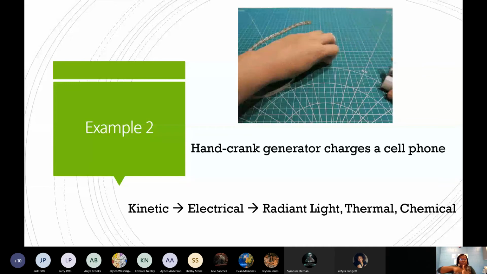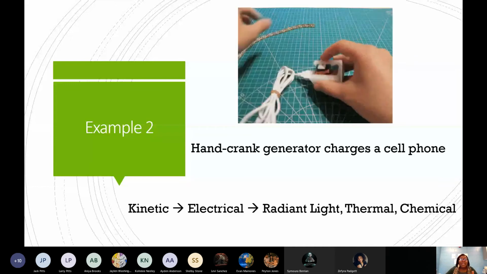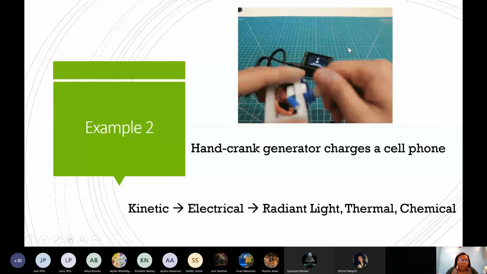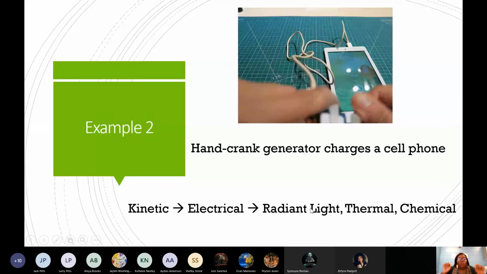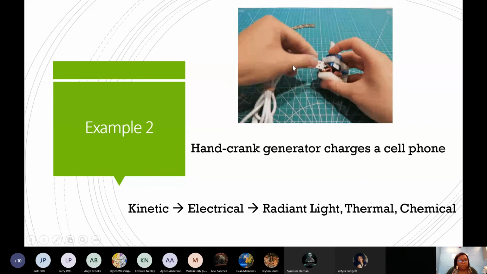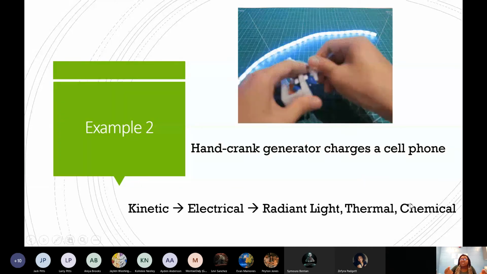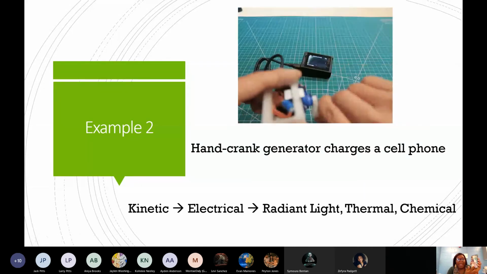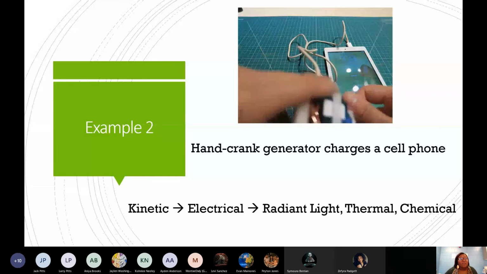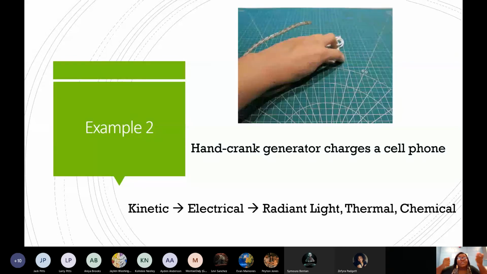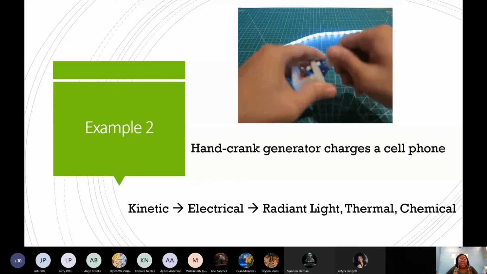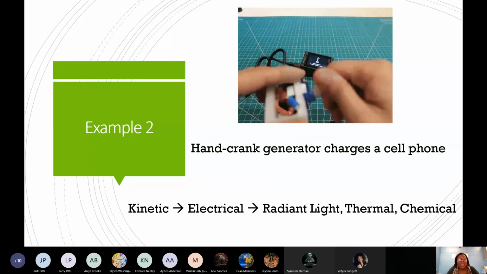Him moving. Then electrical energy that transforms through that conductor. And then radiant light energy, because it makes my cell phone light up. Thermal energy, because our cell phone gets a little bit hot on the back, that battery gets a little bit hot. And then chemical energy, because it's charging the actual battery of the cell phone. So this is the energy transformation we see here.